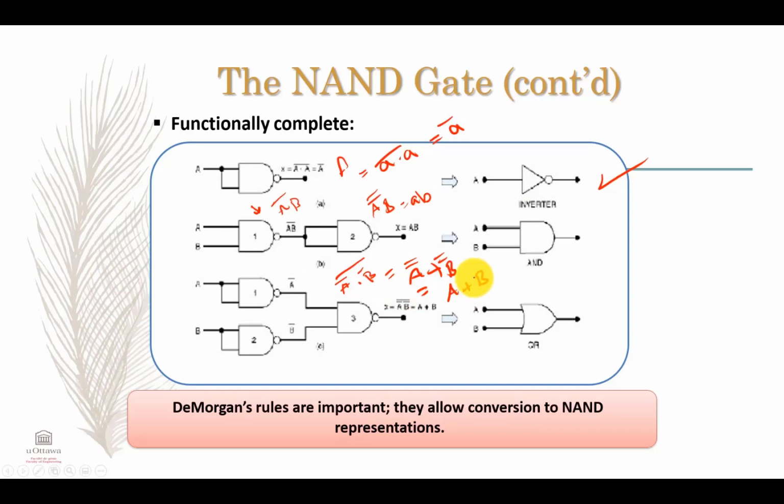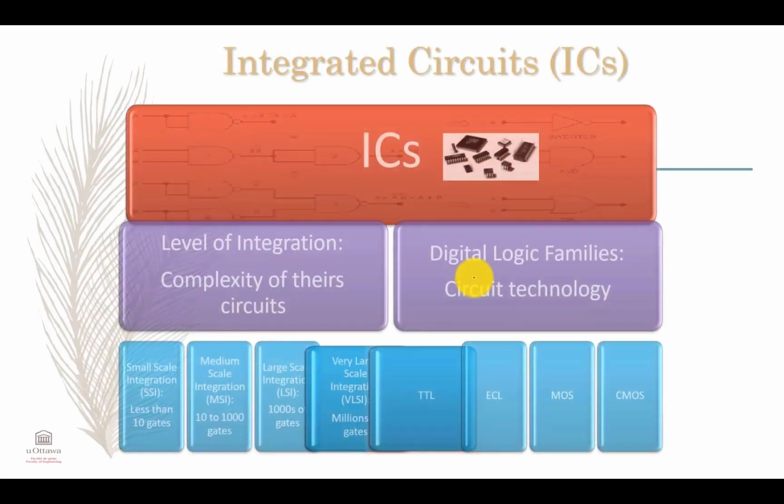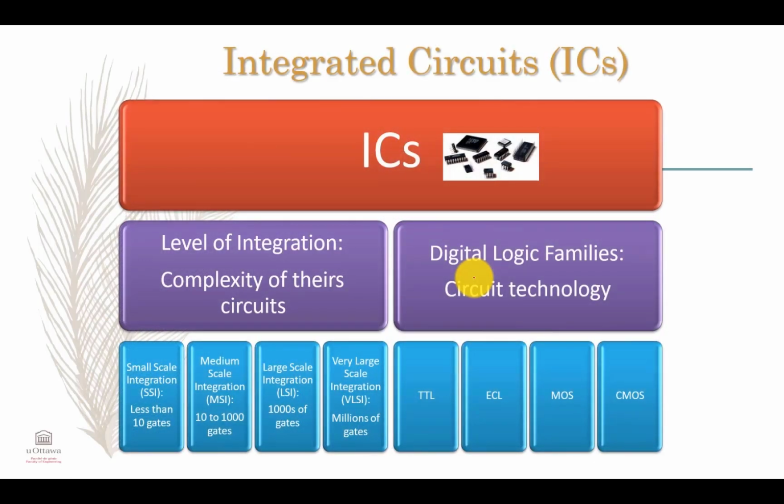As a matter of fact, most integrated chips, or what is referred to as ICs, are implemented exclusively via NAND only or NOR only. In general, ICs can be classified using the family of the transistor used to implement them. For instance, I will have the bipolar transistor logic, or the emitter coupled logic.